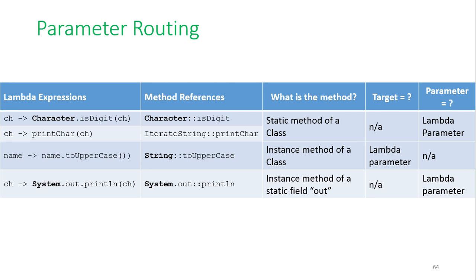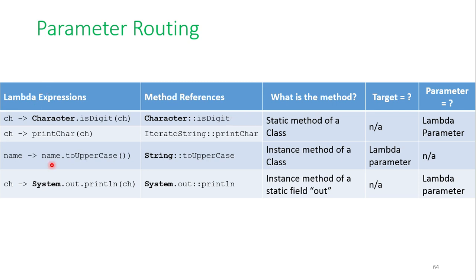So parameter routing has to do with how method references work. It's a simplified notation that allows us to avoid having to write a full lambda expression. But because it's a simplified notation, there are some assumptions that are made by Java in how to expand that simplified notation into a full lambda or a full call to the method. So that's what we are going to look at in this table here.